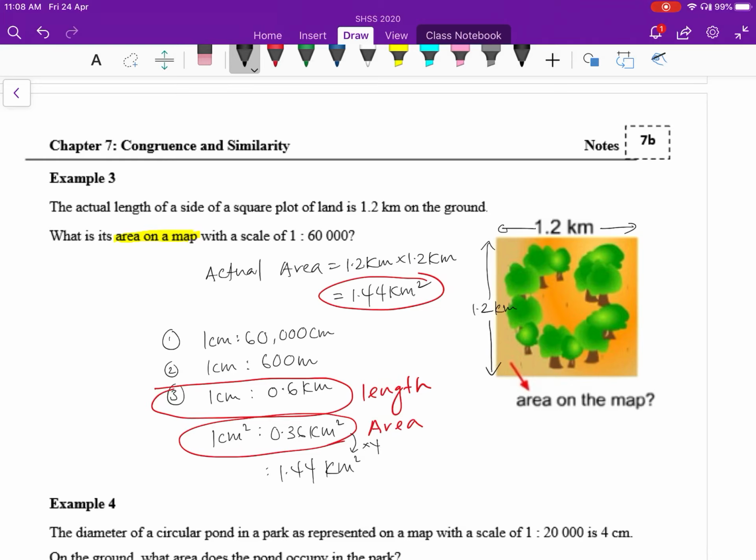If I need to multiply by 4 on the right side, I also need to multiply by 4 on the left side. So it'll be 4 cm square is to 1.44 km square. 4 cm square is your area on the map. So therefore, area on the map is 4 cm square. And we are done.